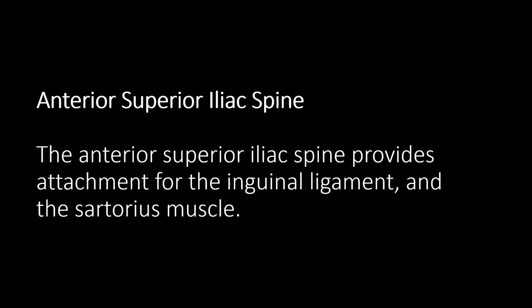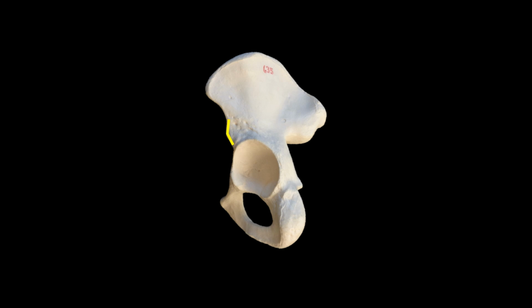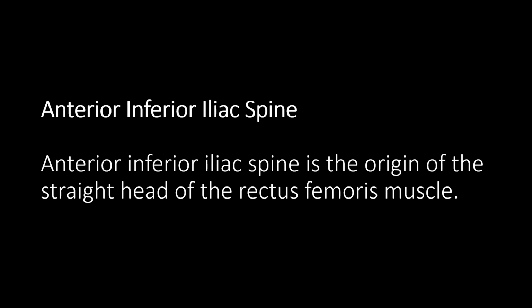The anterior superior iliac spine provides attachment for the inguinal ligament and the sartorius muscle. Name this anatomical area. Anterior inferior iliac spine. The anterior inferior iliac spine is the origin of the straight head of the rectus femoris muscle.